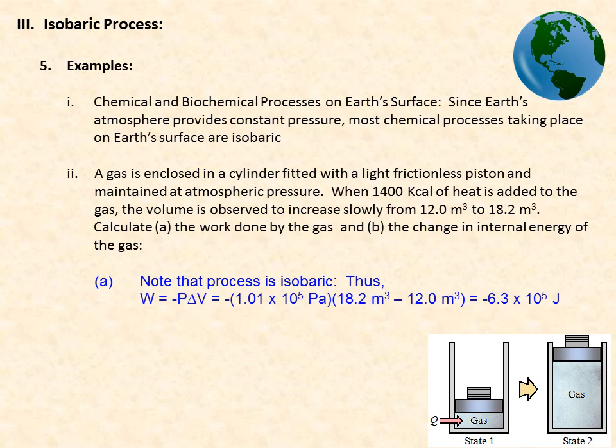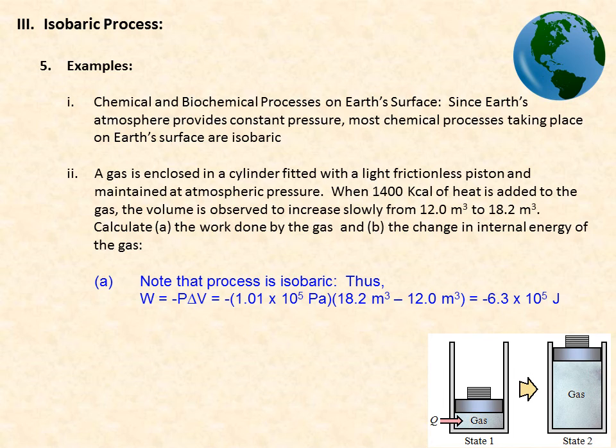So the work that is done on the gas is obtained from the simple expression minus pressure times the change in volume. We plug in atmospheric pressure for the pressure, and the volume changes. That is the final volume of 18.2 minus the initial volume of 12.